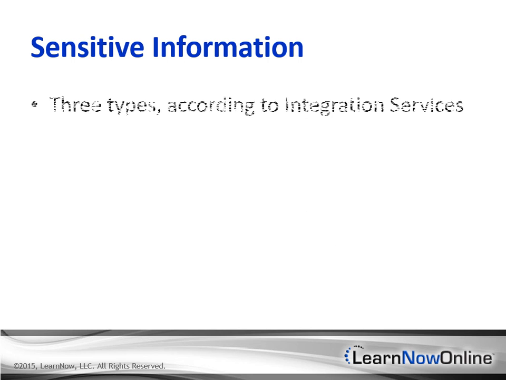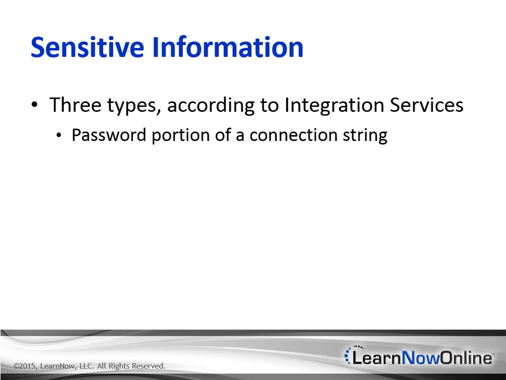All right, now, Integration Services automatically defines three kinds of information as sensitive. If these are the only locations where your package contains sensitive information, then you're protected by default. Okay, so Integration Services defines sensitive information as the password portion of a connection string.